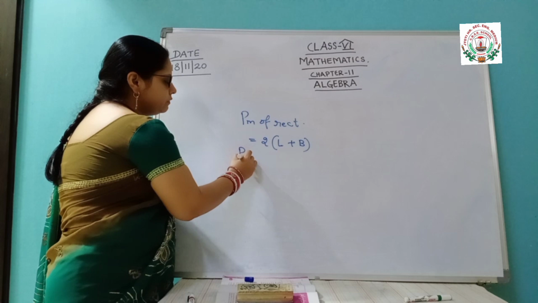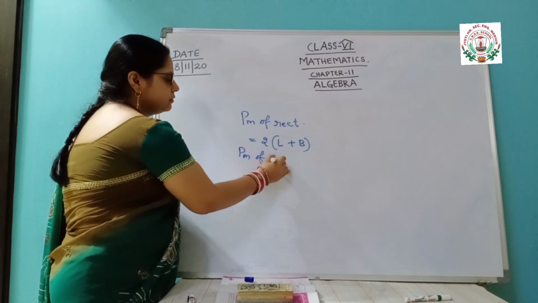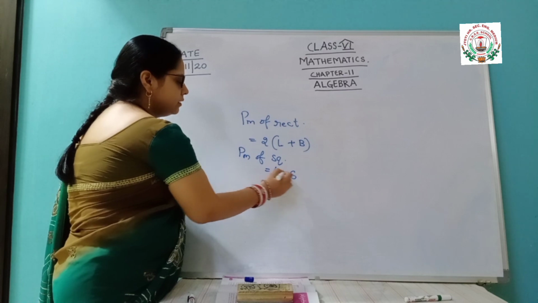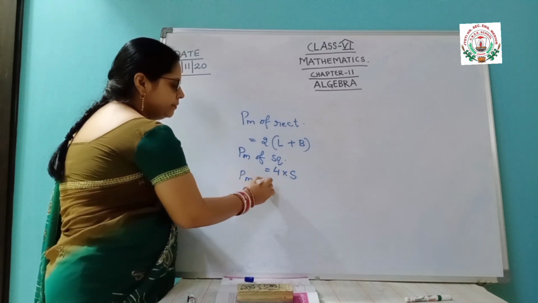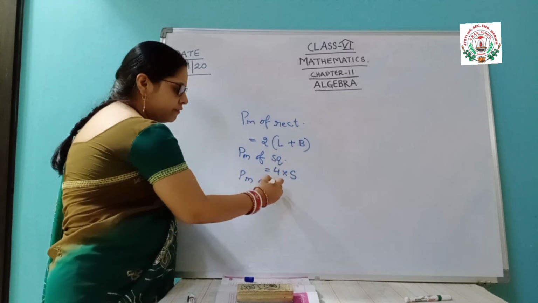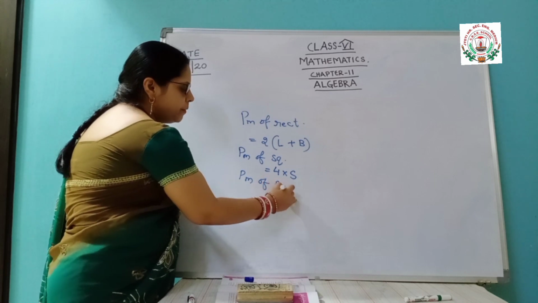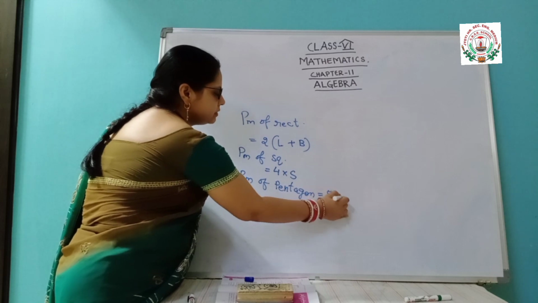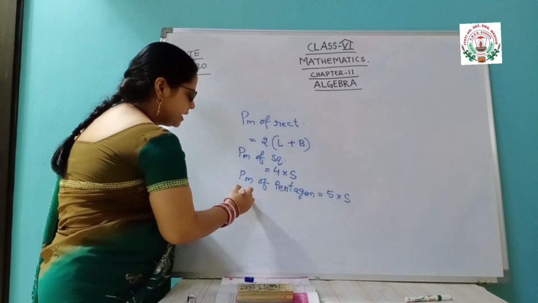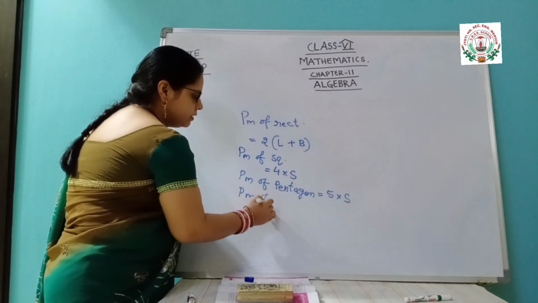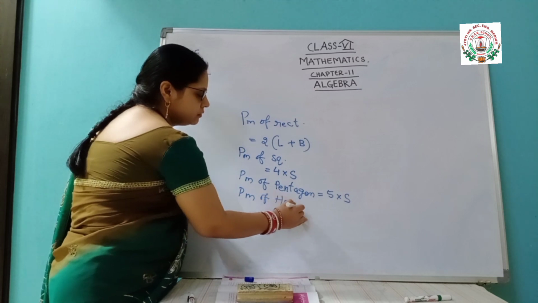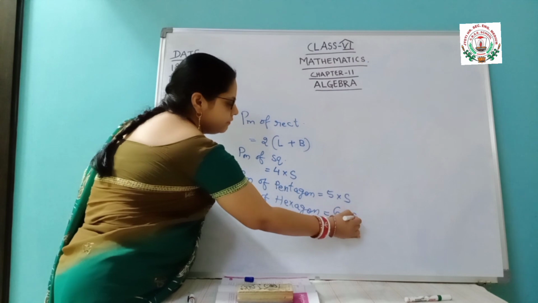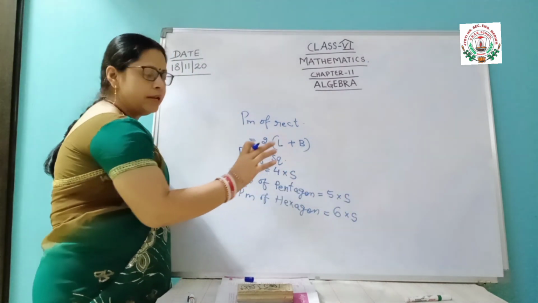And the perimeter of, suppose, a square is 4 into side. Then further we have extended it. A pentagon has 5 sides of similar length. Then the perimeter of a hexagon, 6 sides of the same length.